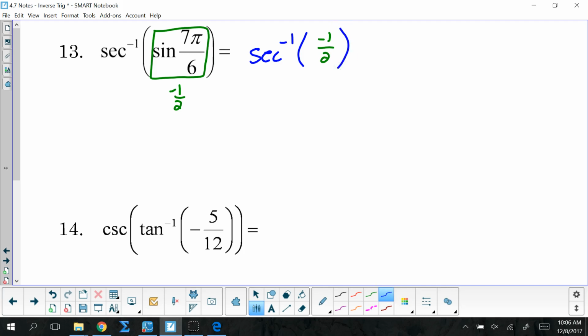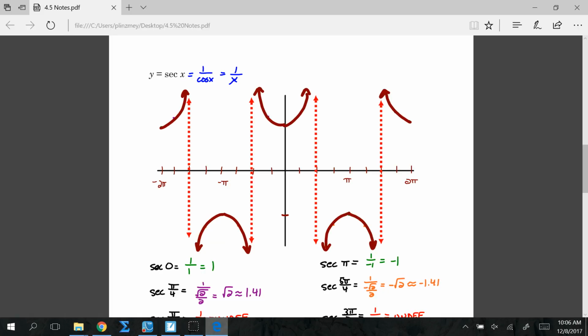Okay? So if I'm looking at my secant graph, which we had from Monday, I'm looking where on that graph I hit negative 1/2.